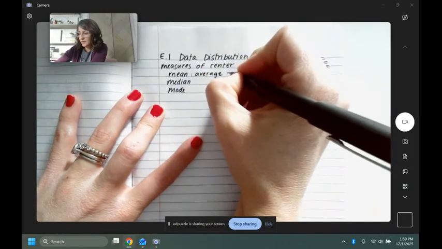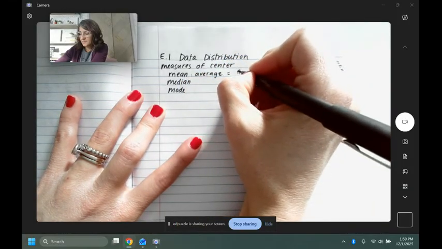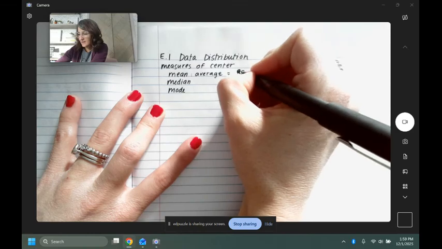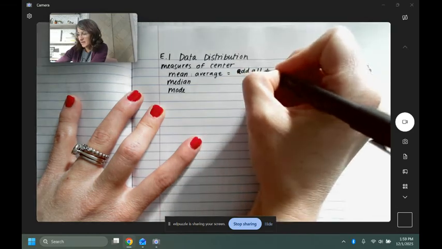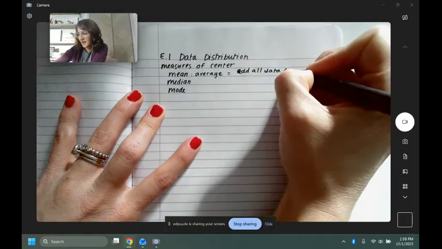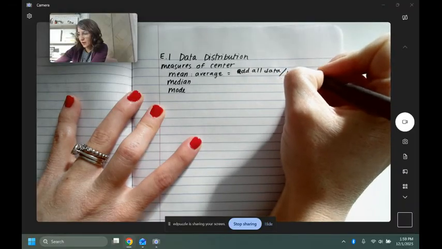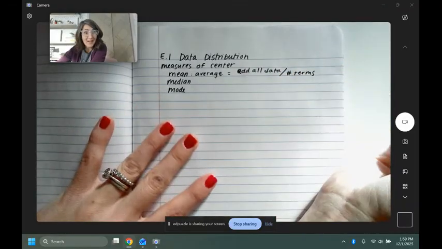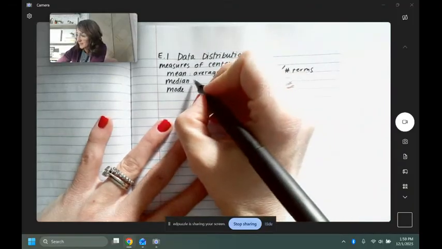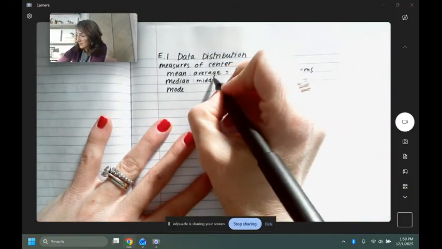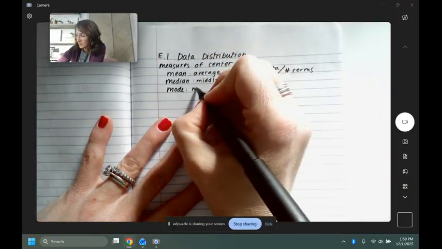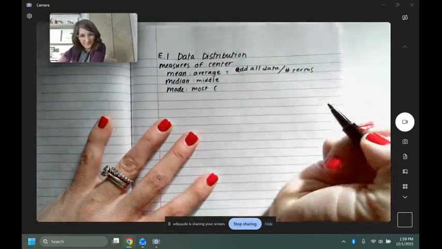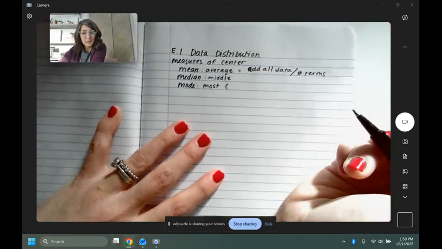Add all data, divide by the number of terms there are in your data set. Median is the middle number. Mode is what appears the most. What term appears the most in your data.